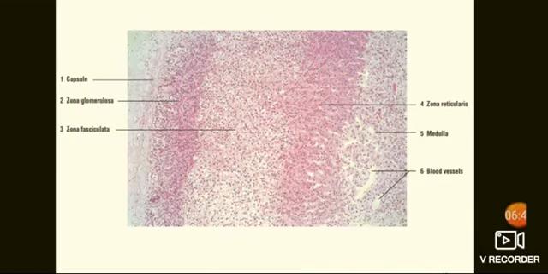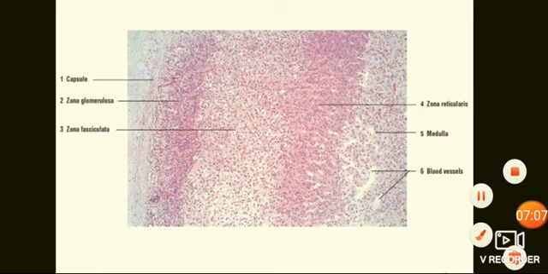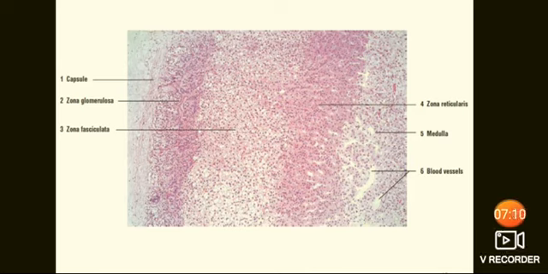This is another picture of the adrenal. So here outermost, this is the capsule. Deep to the capsule, the zona glomerulosa. Here cells are arranged in inverted U-shaped loops. Then the zona fasciculata, where cells are forming anastomotic cords, 1 or 2 cells thick, running at right angle to the surface of the gland.